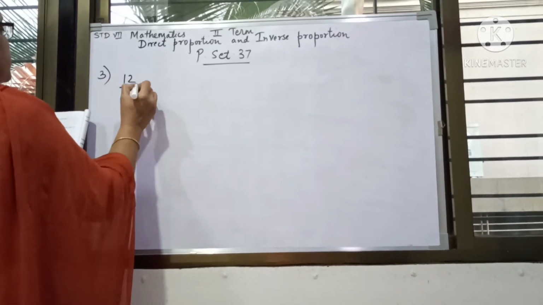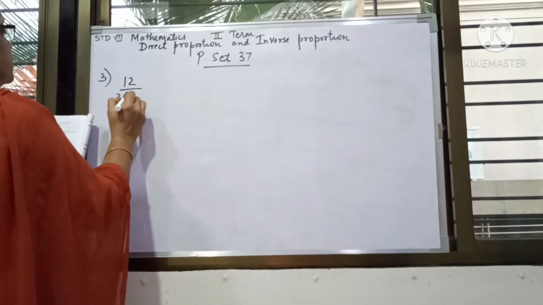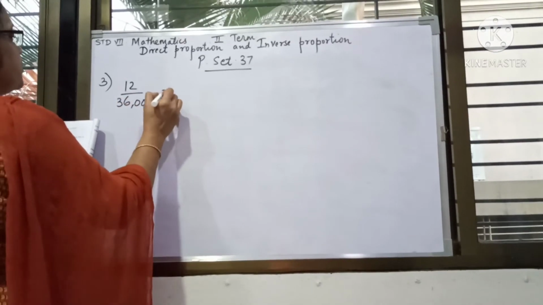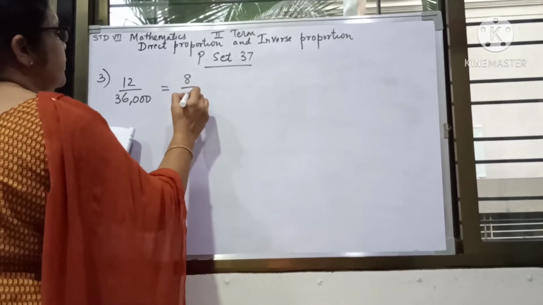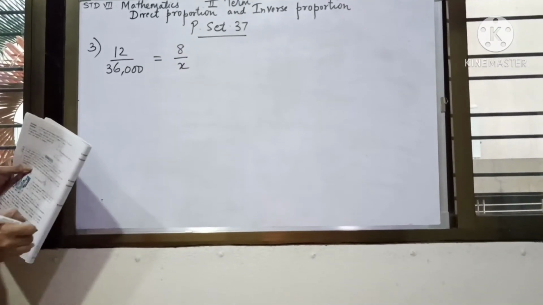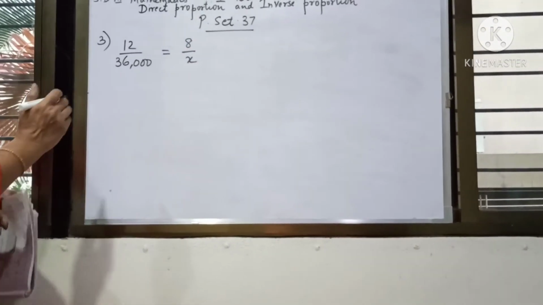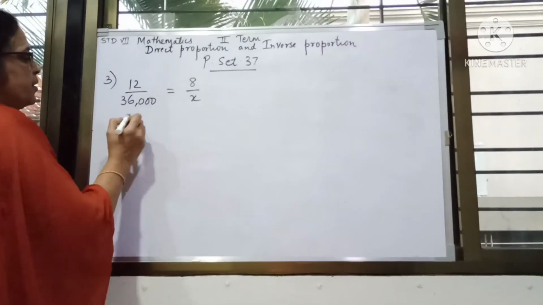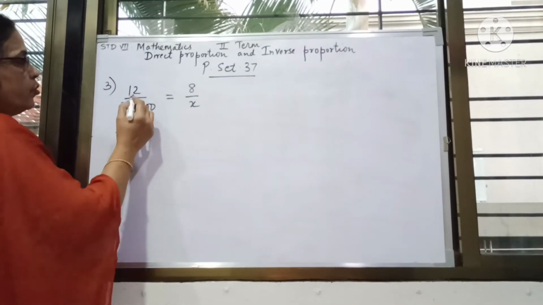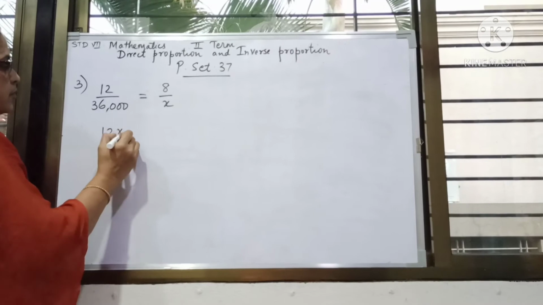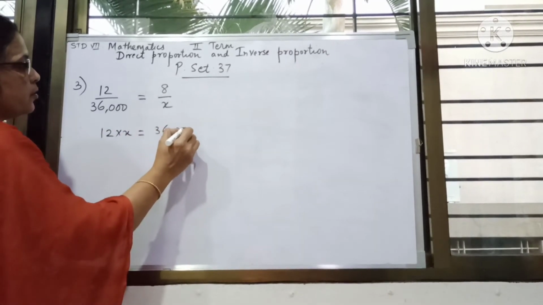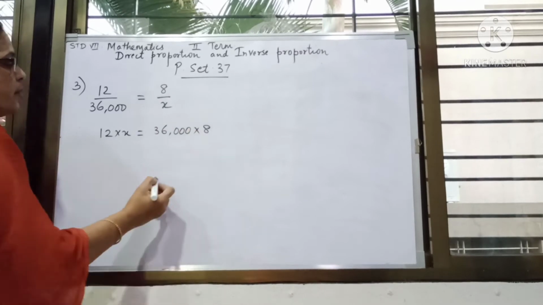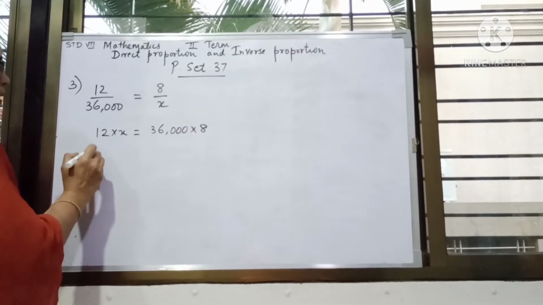12 quintals cost 3600 rupees. So 8 quintals will cost how much? That we have to find out. So by doing cross multiplication, we have 12 into x is equal to 3600 into 8. Divide both the sides by 12.